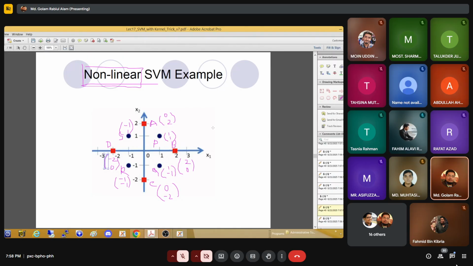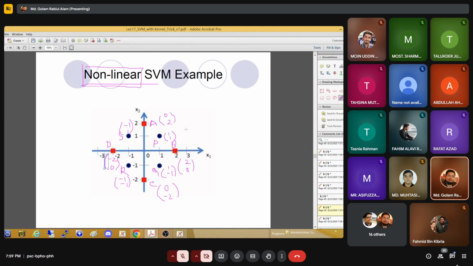Now, if we want to separate positives from the negatives, that means we want to separate all our blue circles from our red squares. Then just a linear line will not be enough.